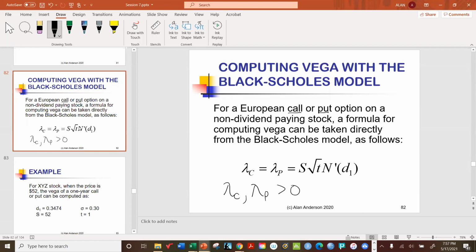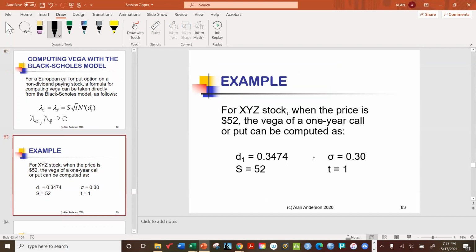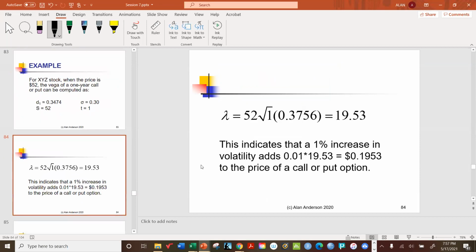All right. So first, let's look at a case where it's the same data we've been using. We want to calculate the vegas, and what we really want to do is understand what they mean. So remember all these details. This is the same option, the same case we've been using all along. If we plug in these numbers, we get for both the call and the put, 19.53.